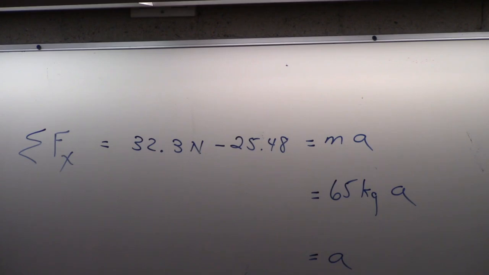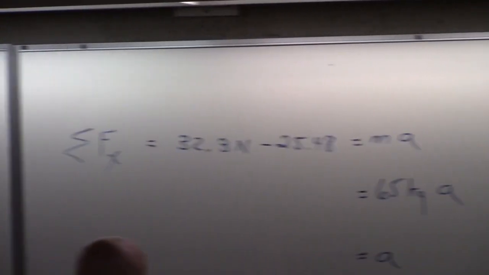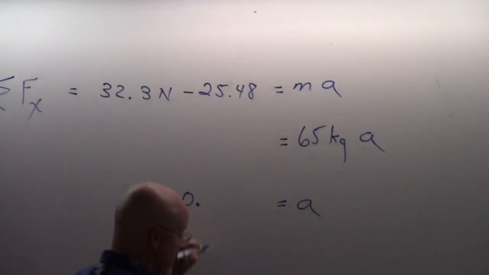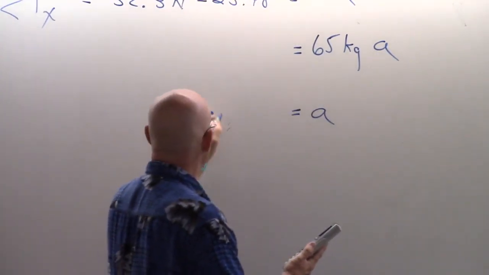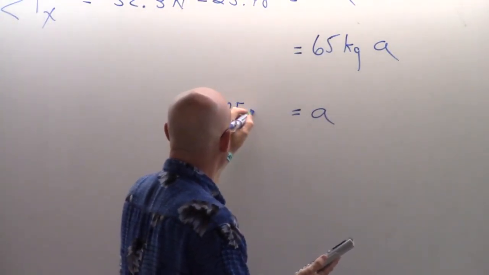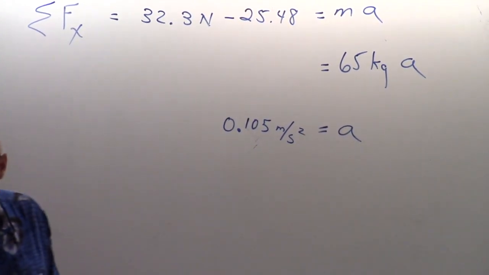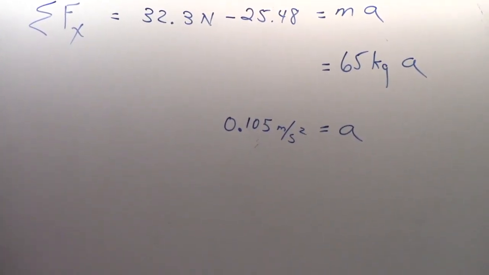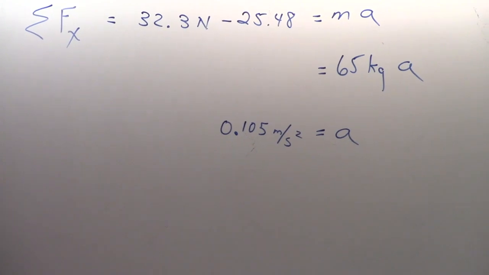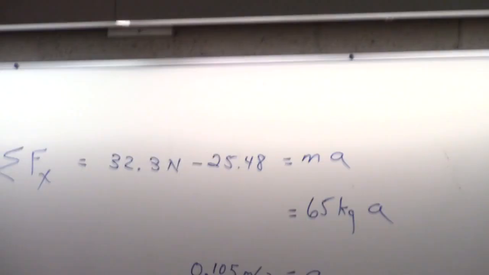So grabbing my calculator, I can go 32.3 minus 25.48, then divide that by 65, and we're looking at an acceleration of 0.105 meters per second squared. So that would be her initial acceleration as her friends push her.